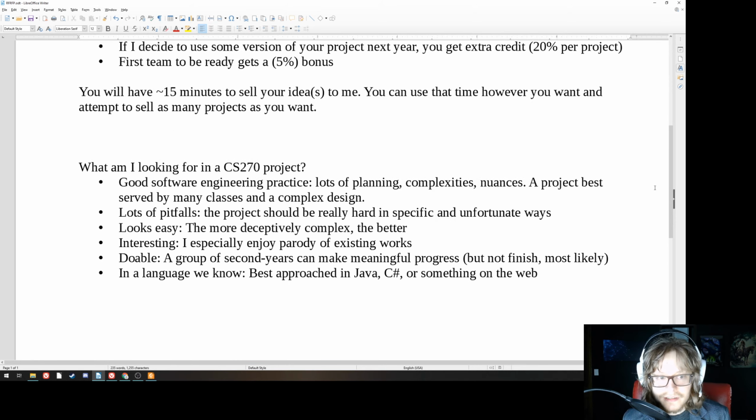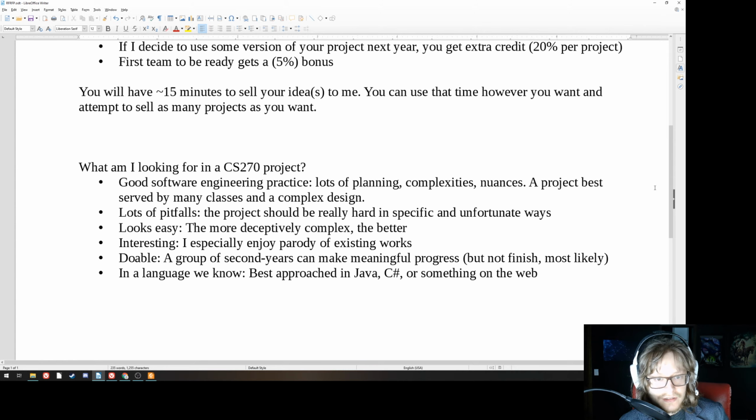Now, for my criteria, I like projects that demonstrate good software engineering practice. That means that they are projects with a lot of different parts, and they encourage planning. They have a lot of nuance. They're best broken up into a lot of different classes. They probably have a complicated design pattern application to them.